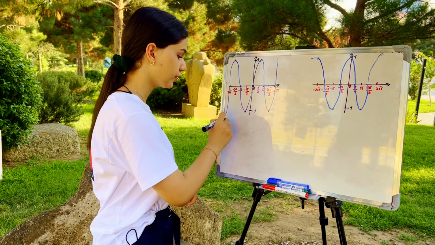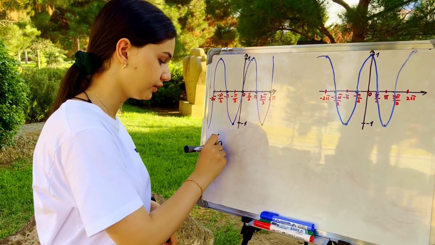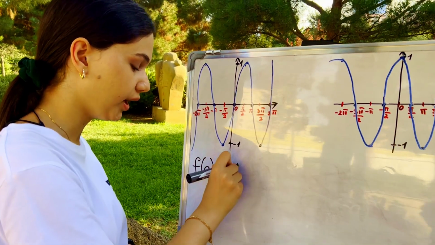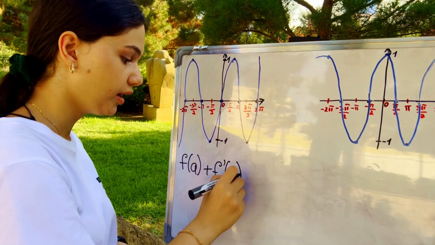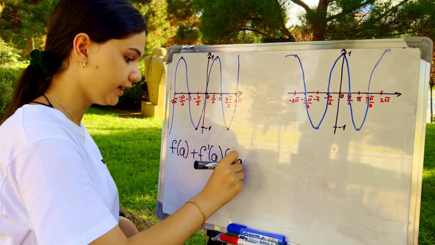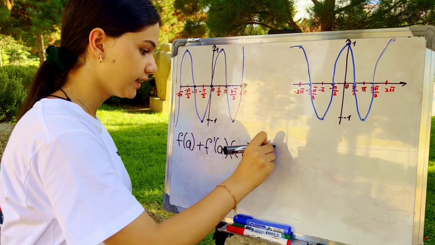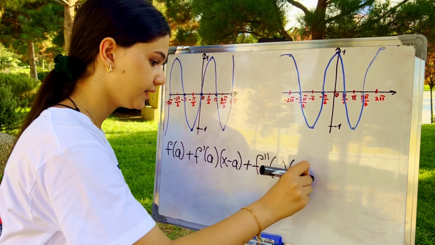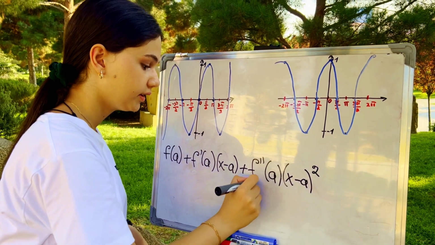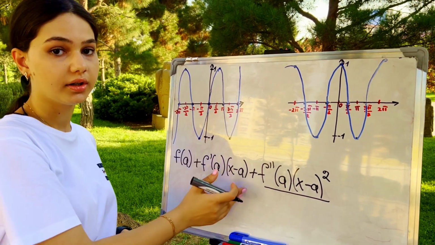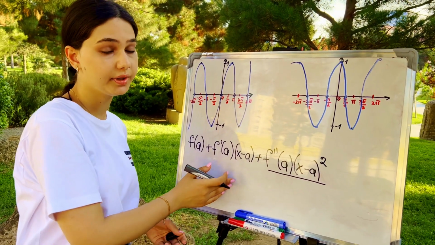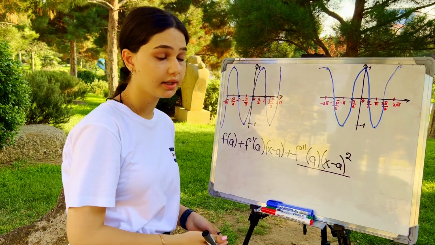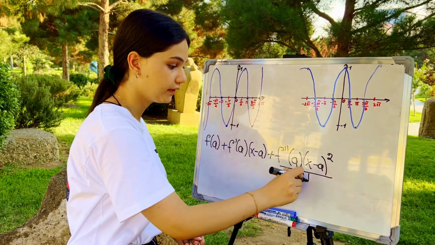The formula is f of a plus f prime, the first derivative of a, multiplied by x minus a, plus the second derivative of a, multiplied by x minus a squared, divided by 2 factorial. I do not write 1 factorial there because 1 factorial is just 1.